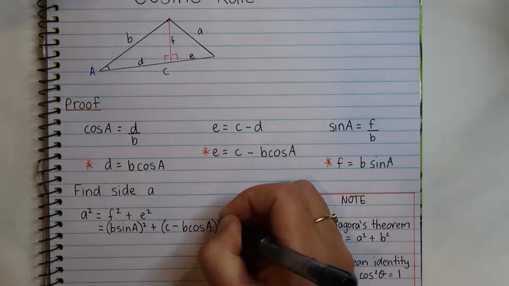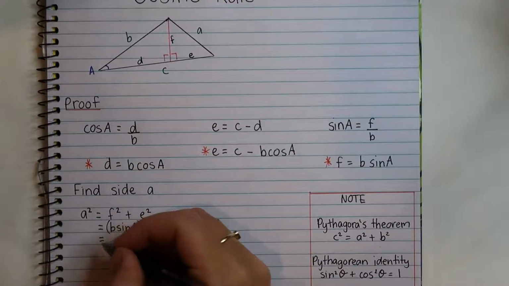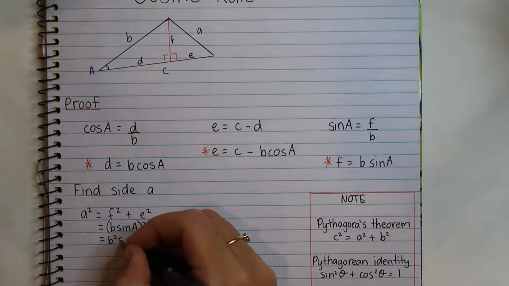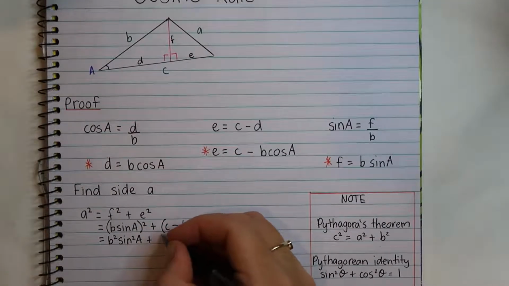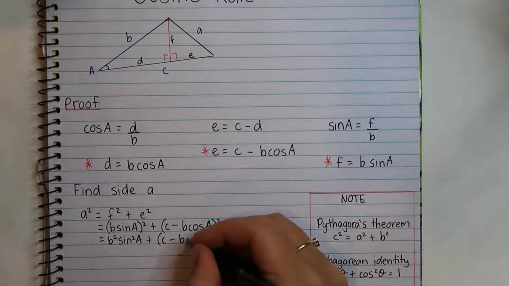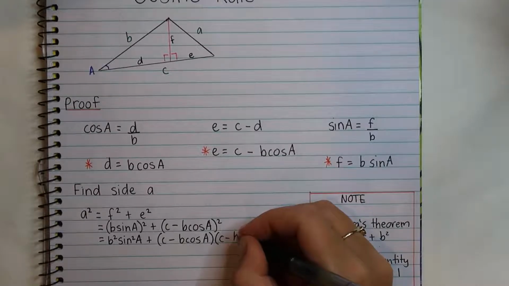So now we're going to expand our brackets. So we get b squared sine squared angle A plus, and we're going to rewrite these out in two of our brackets.